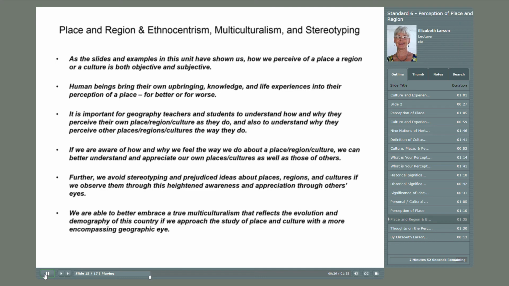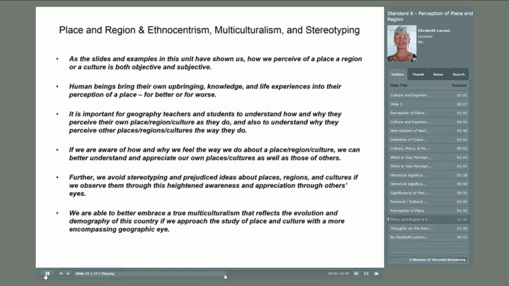Human beings bring their own upbringing, knowledge, and life experiences into their perception of a place, for better or for worse. It is important for geography teachers and students to understand how and why they perceive their own place or region or culture as they do. And it's also important to understand why they perceive other places, regions, and cultures the way they do.